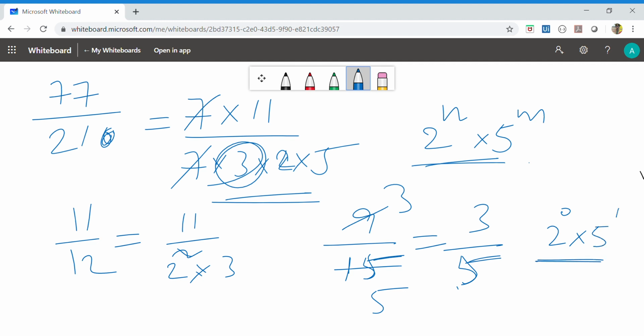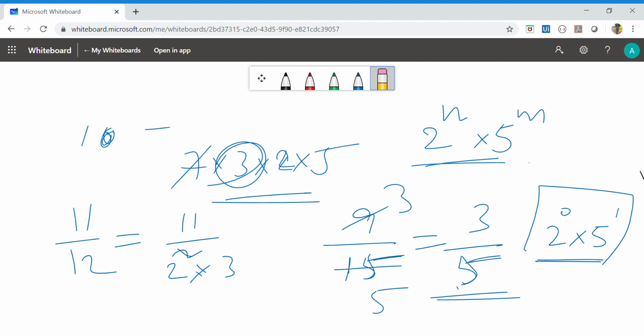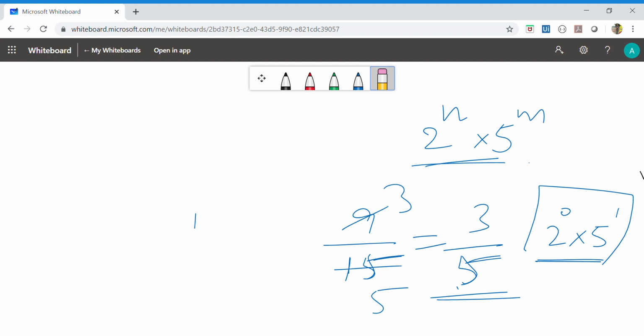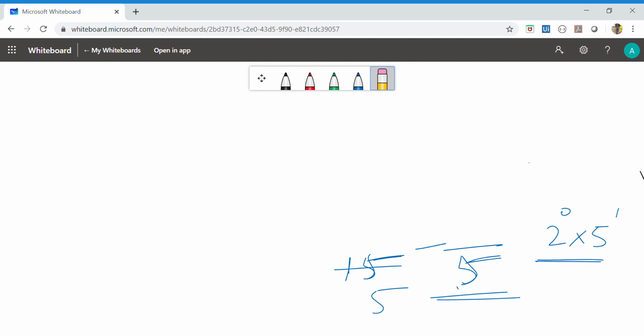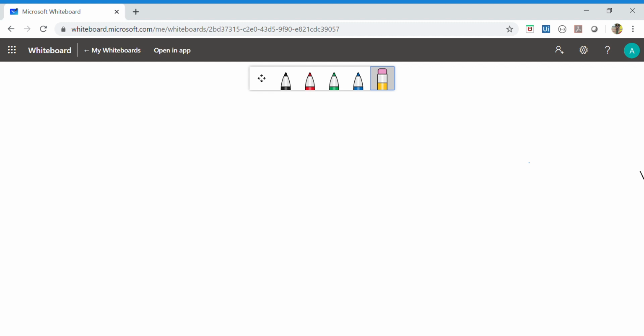The factors of q must be in the form of 2 to the power of n into 5 to the power of m. That's why it is a terminating decimal. Don't be confused by looking at it first. First we have to convert p by q into co-primes and then we have to check.